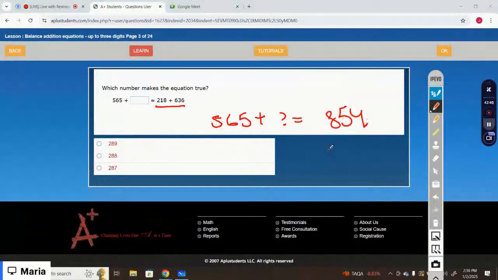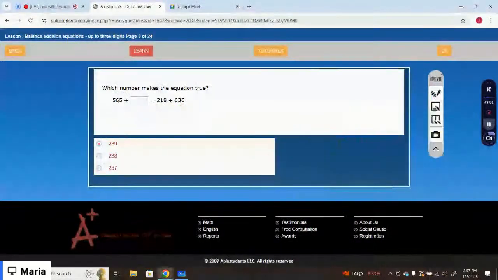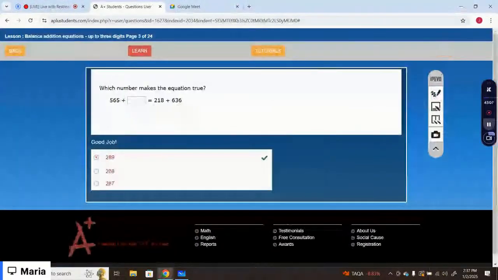Now subtract 565 from the other side. So that is 14 minus 5 is 9. 14 minus 6 is 8 and 7 minus 6 is 2. That is option number 1. 289 it is. The correct option is 289. Option number 1 is the correct option.